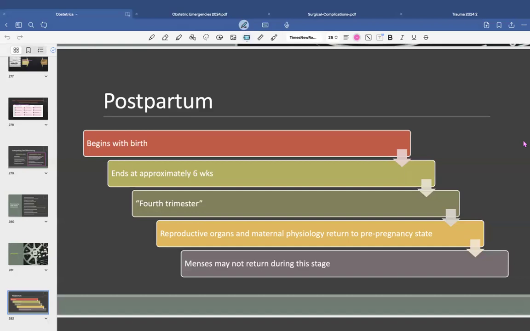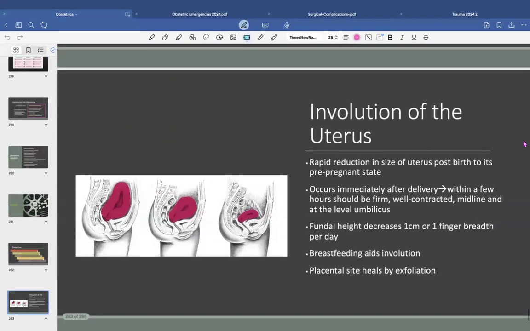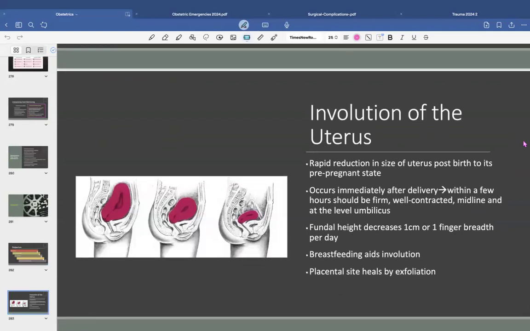So we talked a little bit about the involution of the uterus. Basically, immediately after the delivery of the placenta, the uterus will start to return to its non-pregnant size. So it's going to involute into a smaller organ. It will go back to its pre-pregnancy condition anatomically and functionally.